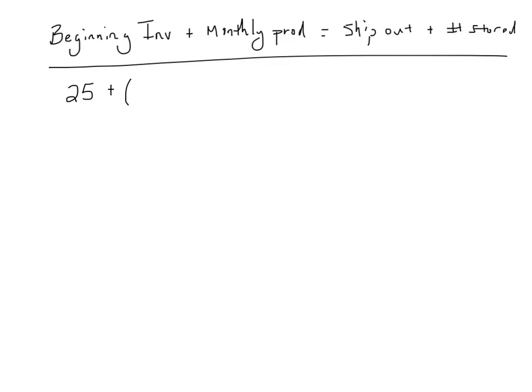So I'm going to put parentheses around it just so that it's clear that this is the monthly production. It's how much I produce in July using regular time plus how much I produce, XJO, in July using overtime. That needs to be equal to our demand. Our demand for July was 250.